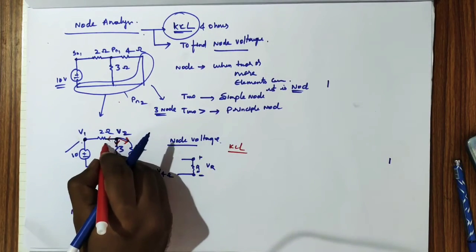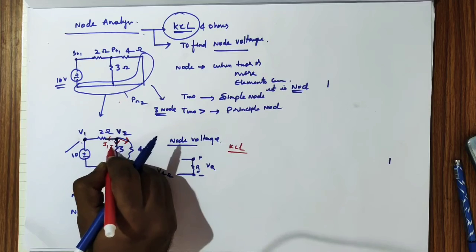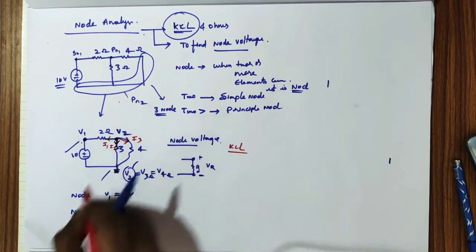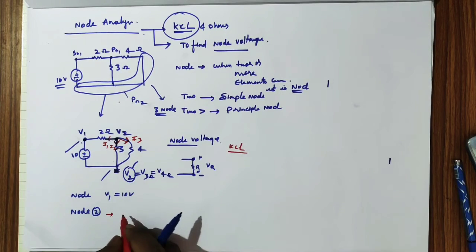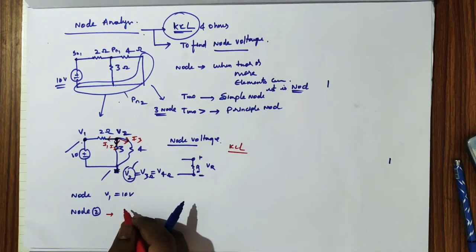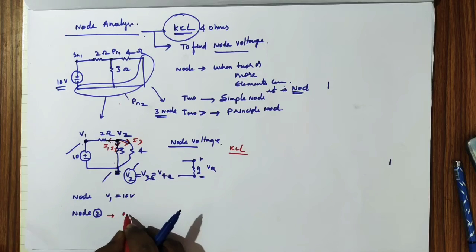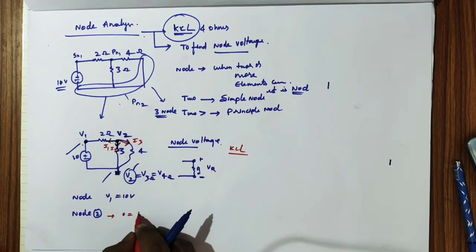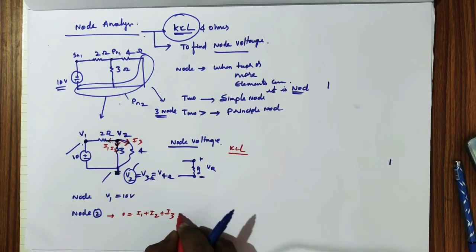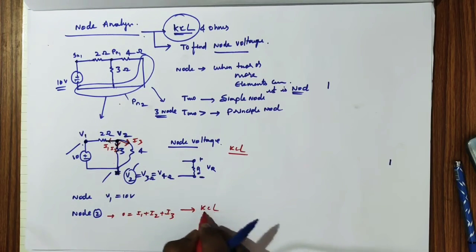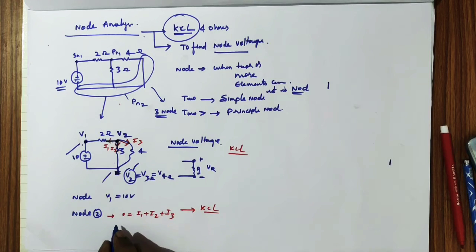Let us say these are I1, I2, and I3. So according to KCL, the currents entering the node are equal to the currents leaving, I1 plus I2 plus I3. So we are proving KCL: currents entering the node equal currents leaving the node.